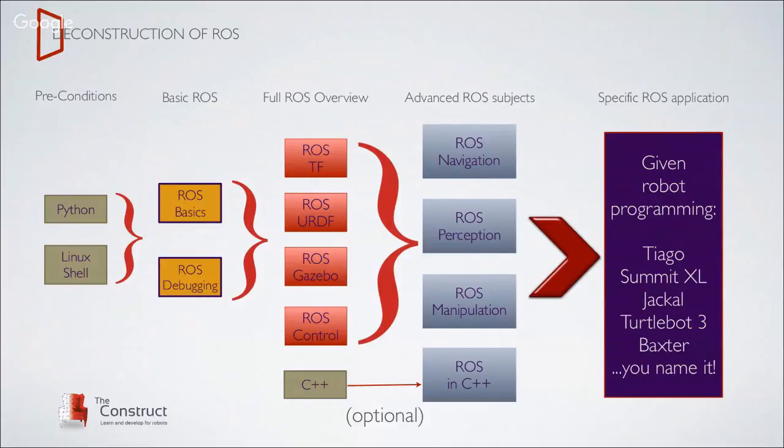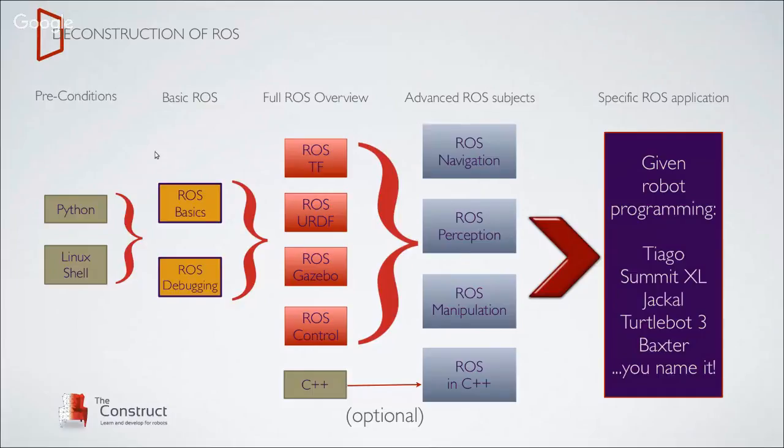Great. So first of all, as I mentioned, is the deconstruction of ROS. This means we have identified the basic parts that any ROS programmer has to know, has to learn, and in which order. This slide shows what this path is.